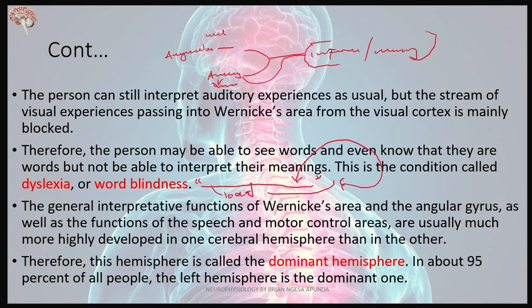Just like the Wernicke's area, when it comes to the angular gyrus, we are also likely to have an area that is more developed in one cerebral hemisphere than the other. This hemisphere is called the dominant hemisphere. In about 95% of all people, the left hemisphere is more dominant.